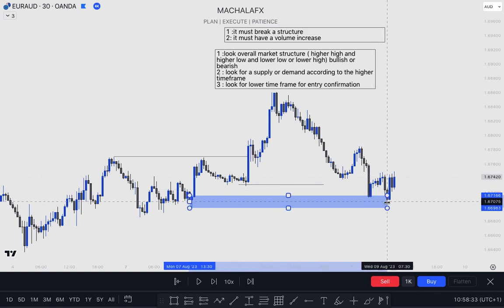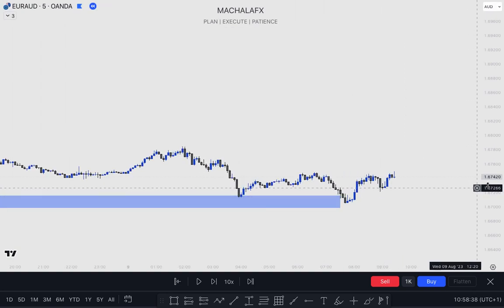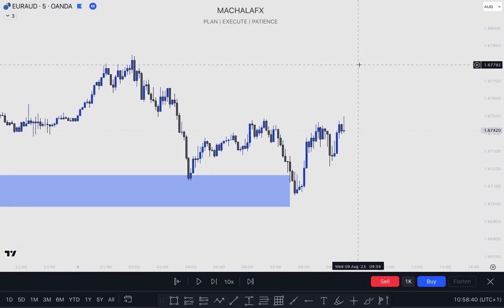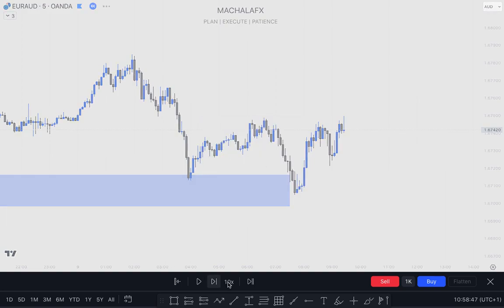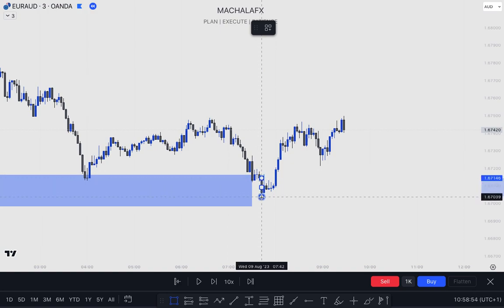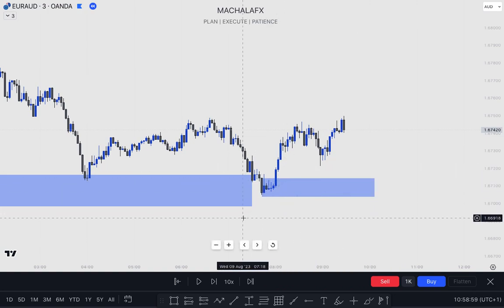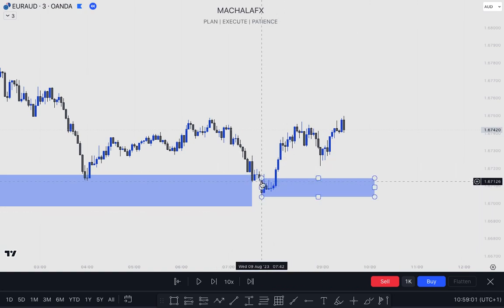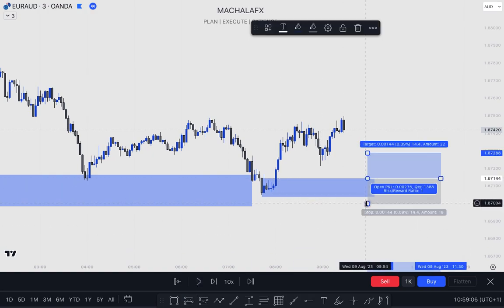Now that we have tapped into our 30 minutes, I will go to 5-minute time frame and look for a confirmation. Remember, we have tapped into it. Let me go to 3 minutes and see if we have a clean one. Okay, I will just select this very one because we have a consolidation around here. So that is actually the engulfing candlestick. So I will put my buy limit here.